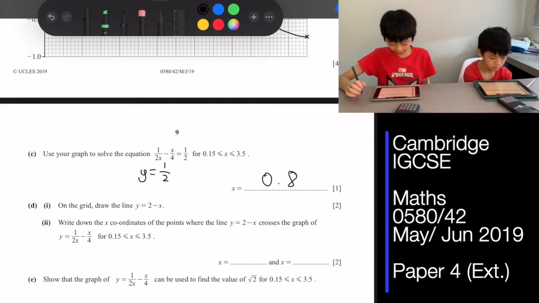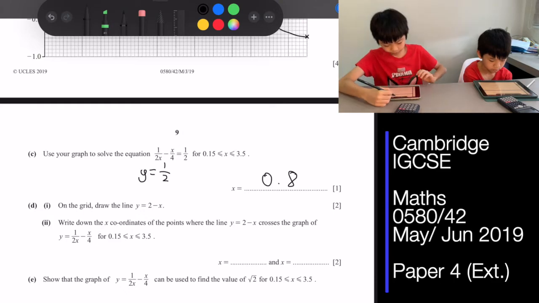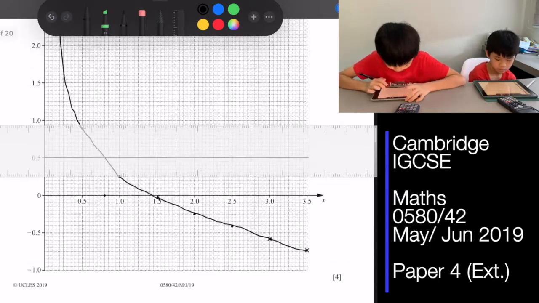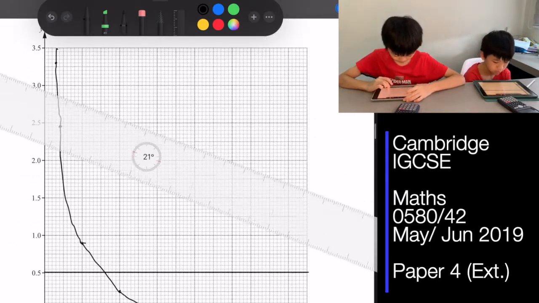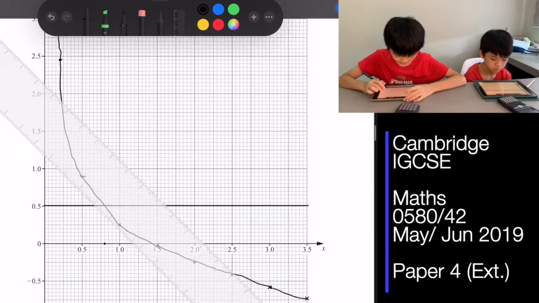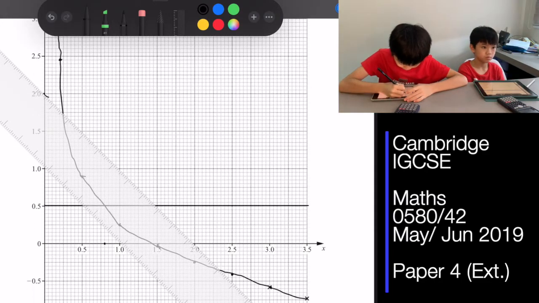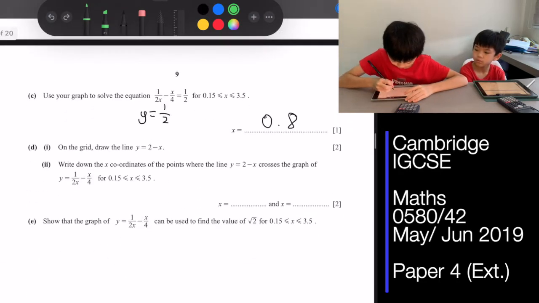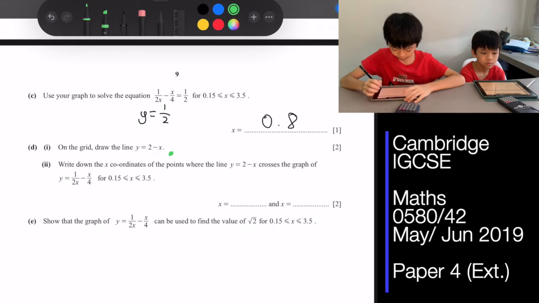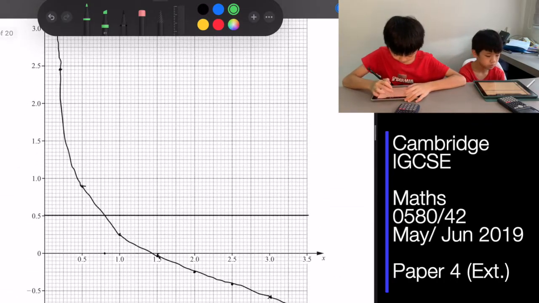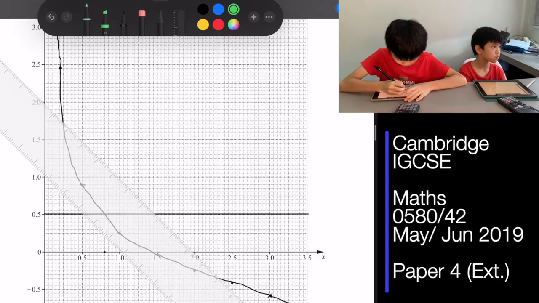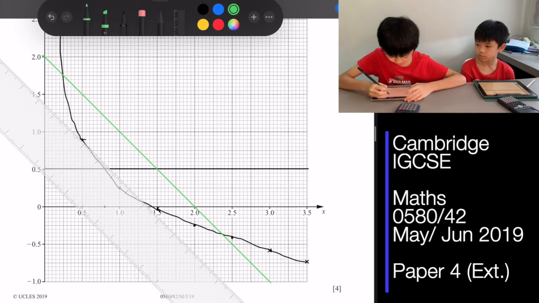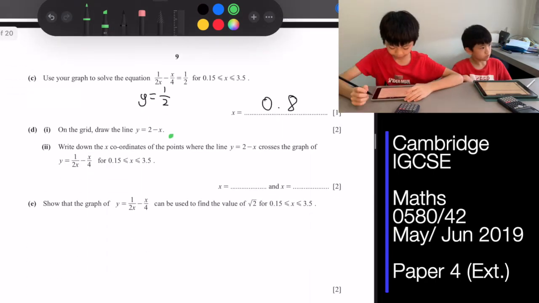On the grid, draw the line y equals 2 minus x. So y is 2 minus x, so it's like this. This one will be green, so this is green over here. Yeah, it should look something like that.